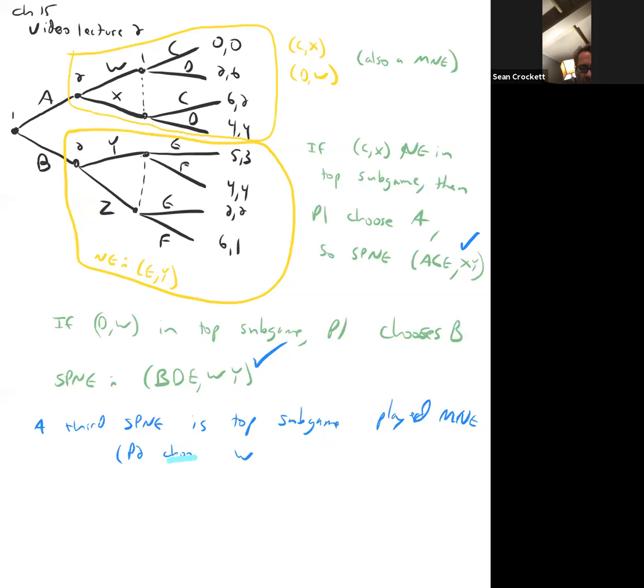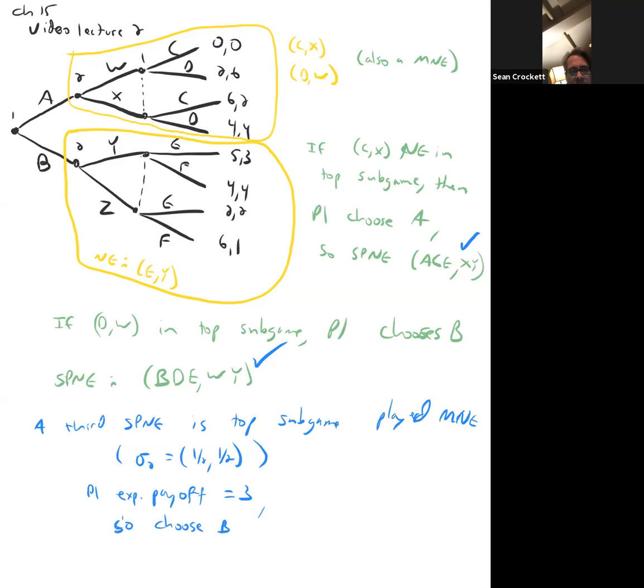So we can write it as player 2 has sigma 2 equal to 1/2, 1/2. And if player 2 is playing 1/2, 1/2 between Y and Z, then the expected payoff of player 1 equals 3. So choose B.